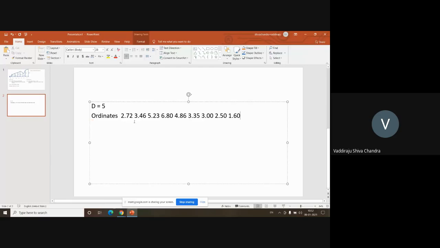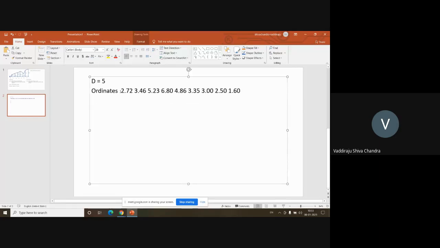Yeah, these are the ordinates given, and the distance between two ordinates is 5 meters. Determine the area included between the chain line and the boundary by trapezoidal rule and Simpson's rule. I'll write this in this fashion.